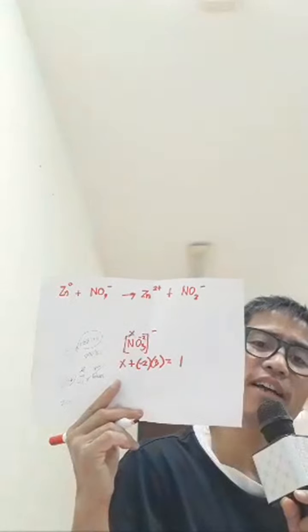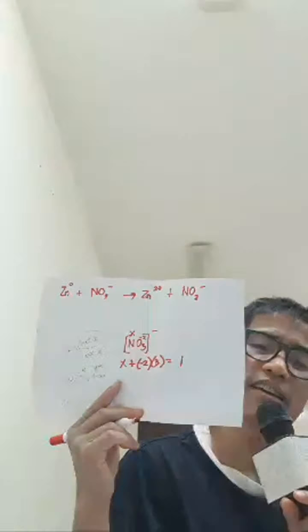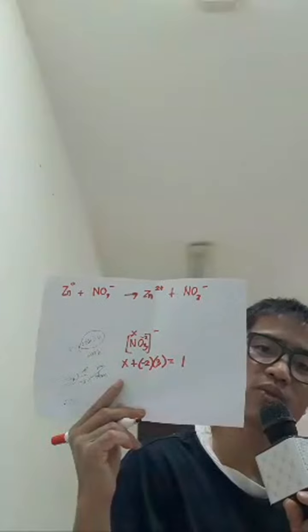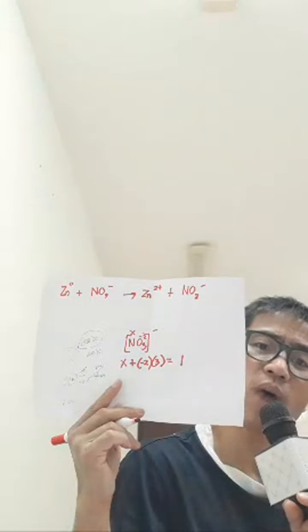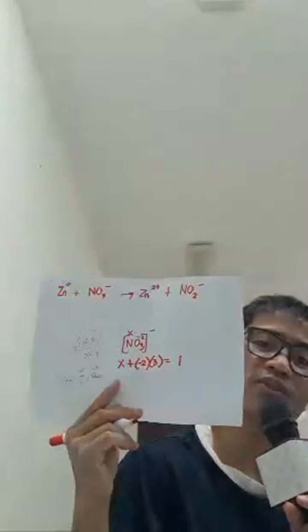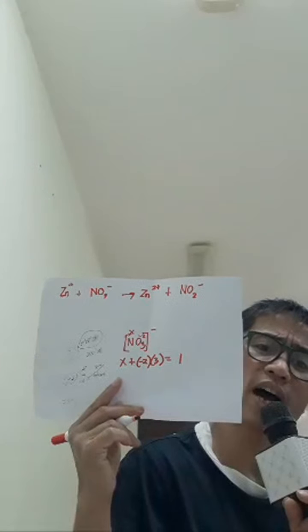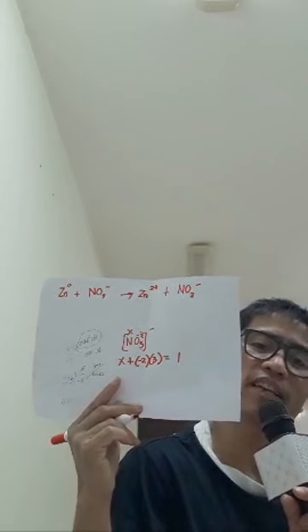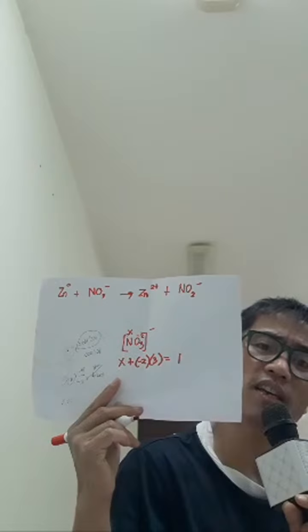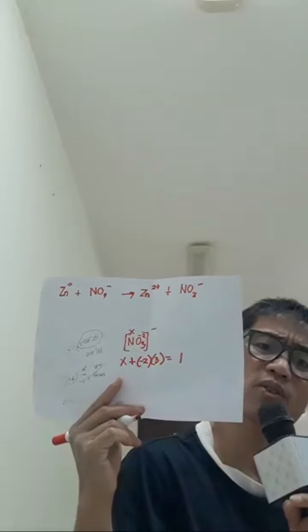So it will now become x, the superscript of the nitrogen, times the subscript of nitrogen, which is 1. If the number is not written, that is automatically 1. It's not written, but in chemistry, that is understood to be 1. So x times 1.